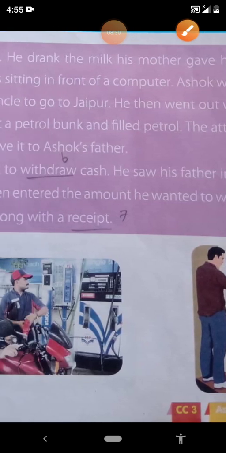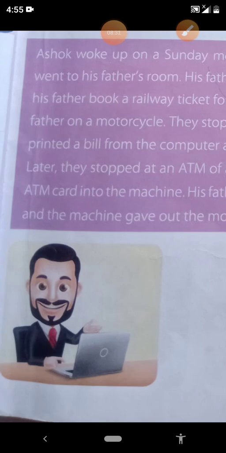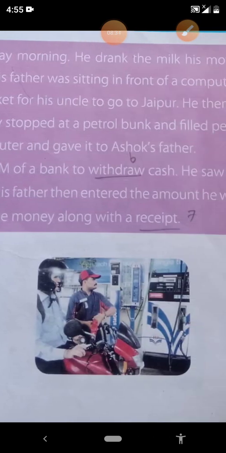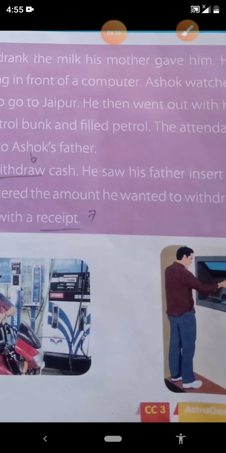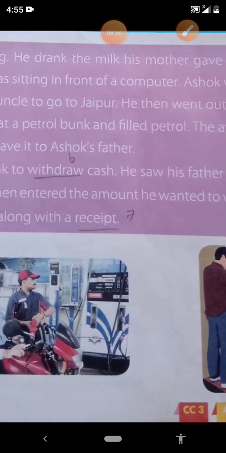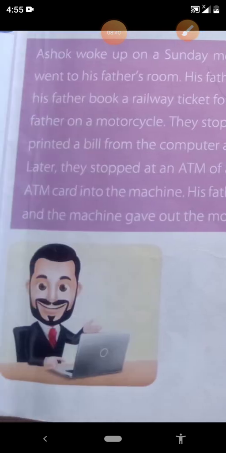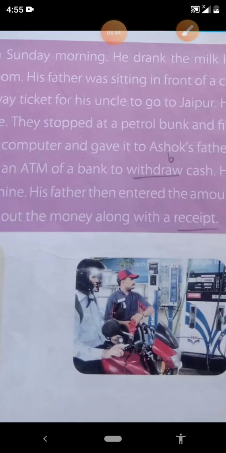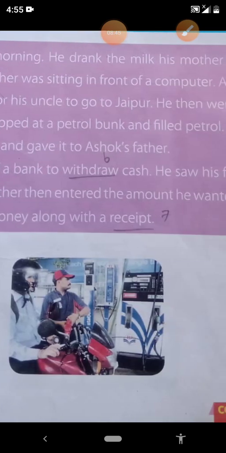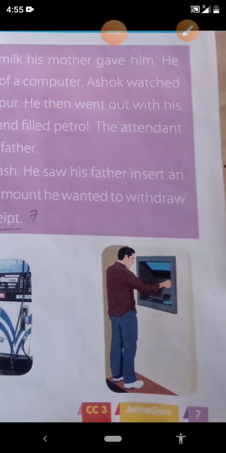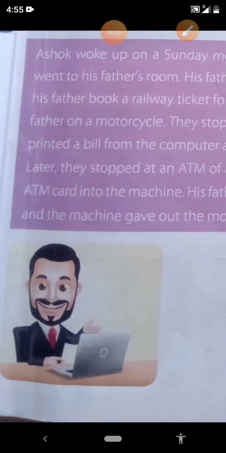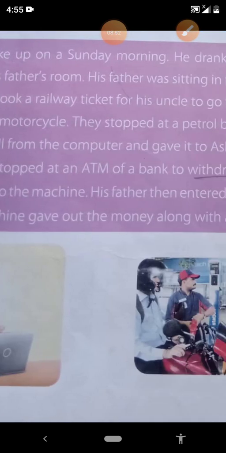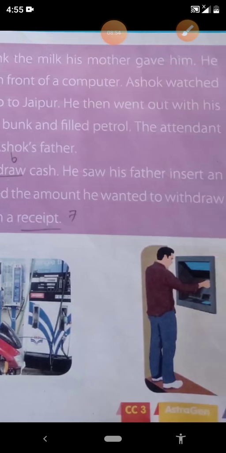And then later they stopped at an ATM of a bank to withdraw cash. He saw his father insert an ATM card into the machine. His father then entered the amount he wanted to withdraw, and the machine gave out the money along with the receipt.